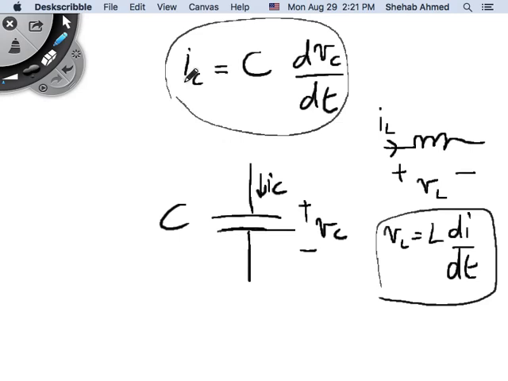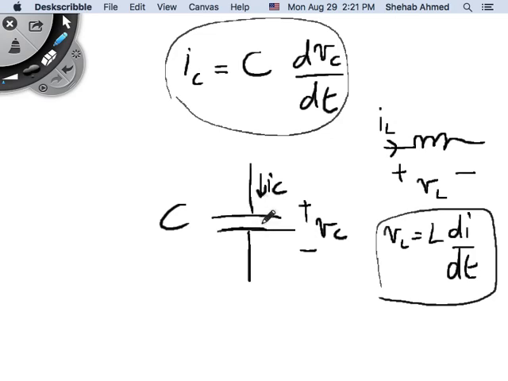Yes, sir. I need equations for the capacitance value and the inductance value if we want to minimize the ripple. Sure. Yes, we will study that. We will come up with that. But it's based on this as well. It's based on how you maintain voltage across a capacitor. By pumping in current.